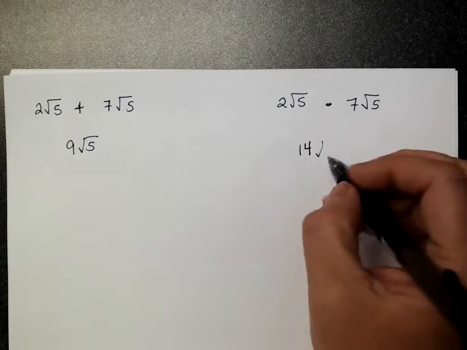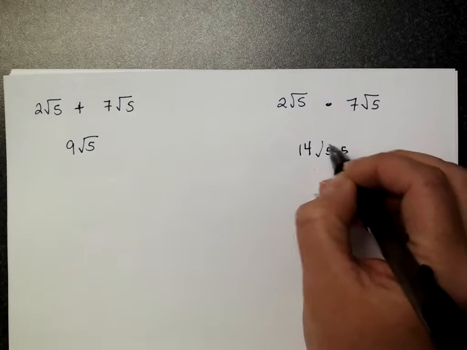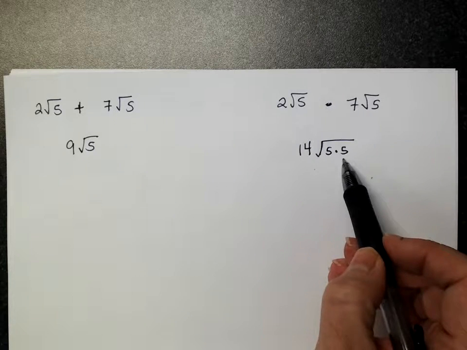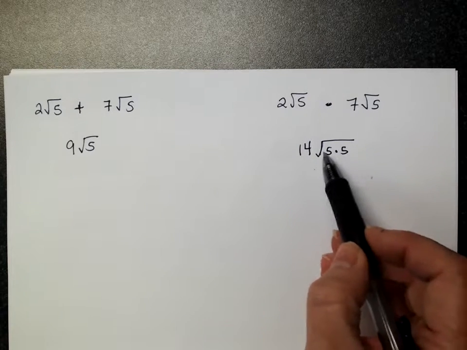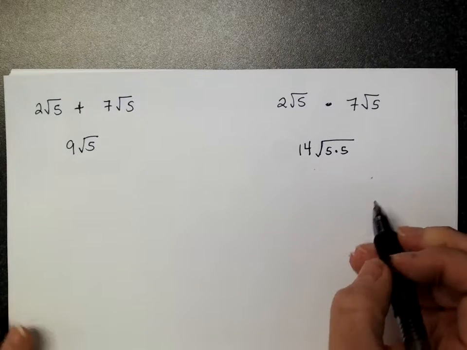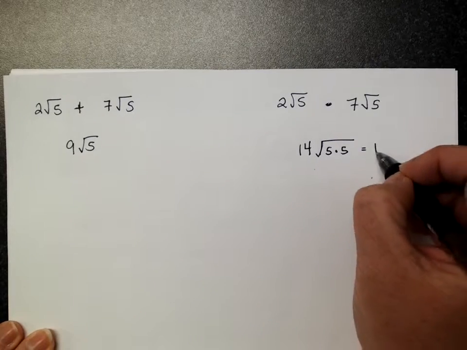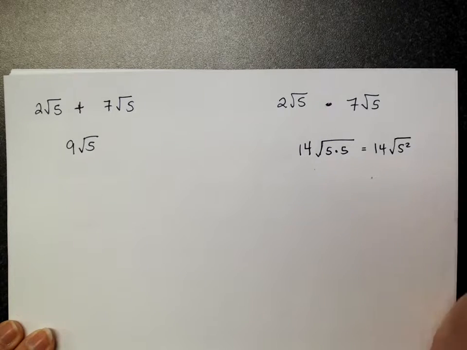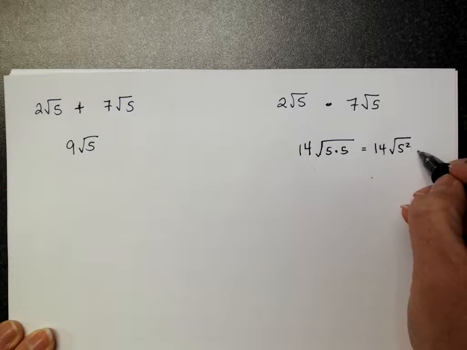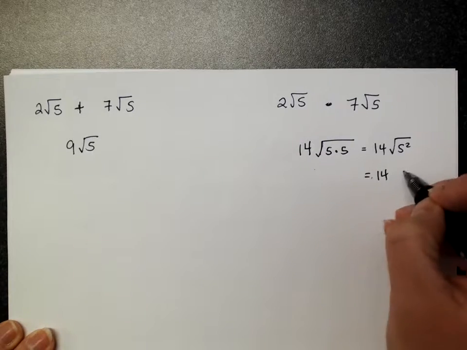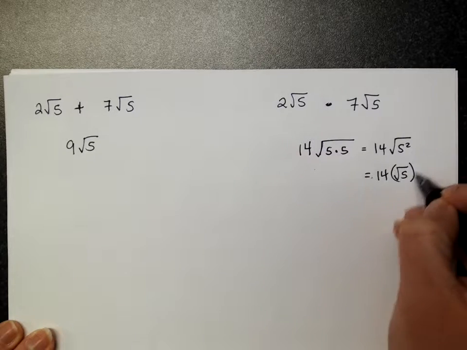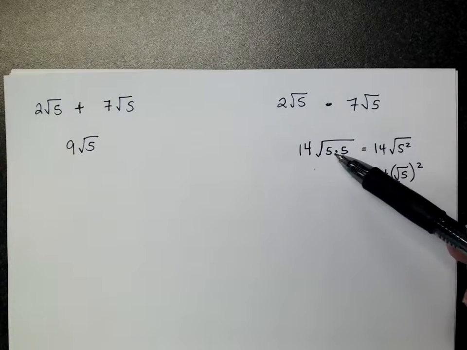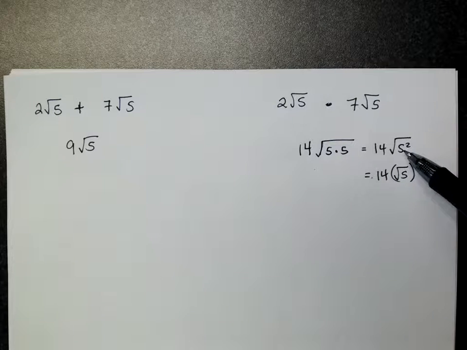Now there's a couple ways to write that. By the product rule, we can combine them under one house. Well, that means we got twins, so 5 is the root, or if you make this square root of 25, that is 5. Another way to write it is 14 square root of 5 squared. 5 times 5 under one house by the product rule is 5 squared, square root of 5 squared.